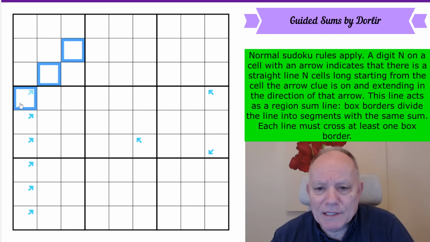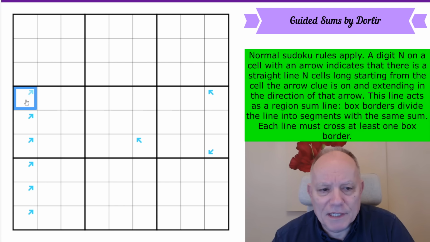This line acts as a region sum line. So that means that box borders will divide the line into segments with the same sum. But the first digit is giving its length. Each line must cross at least one box border.